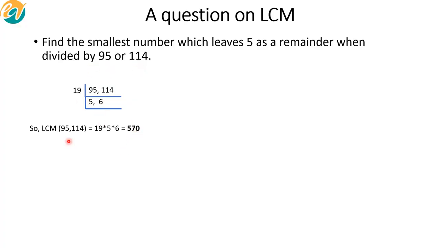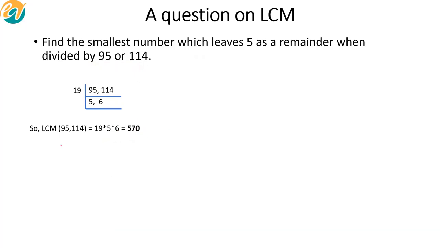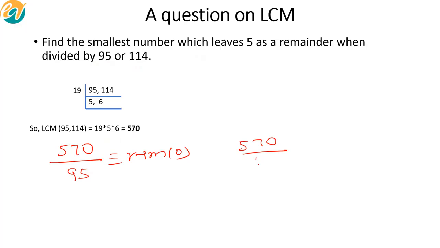570 is a multiple of 95. 570 is a multiple of 114. What does it mean? 570 when divided by 95 gives a remainder of 0. 570 when divided by 114 again leaves a remainder of 0. Now here we have to find the smallest number, right?